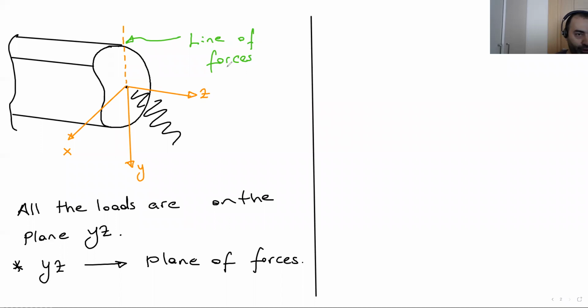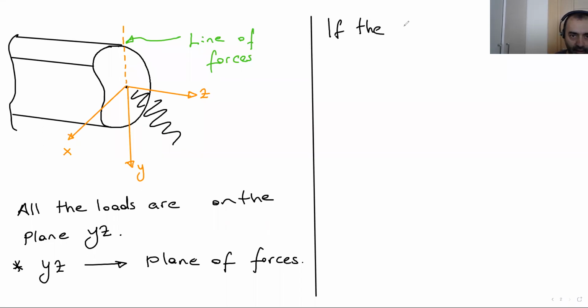If this line of forces coincides with one of the main axes of the section, which are X, Y, Z, let me write this rule.